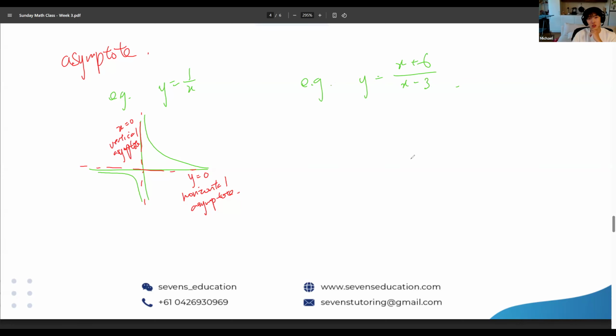Try to plot this first. See what you get. Let me think what I should make you guys do first. Okay, fill out this table for me. Okay, you guys fill out this table first.